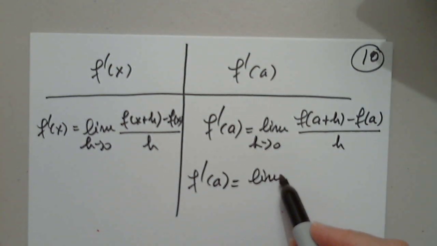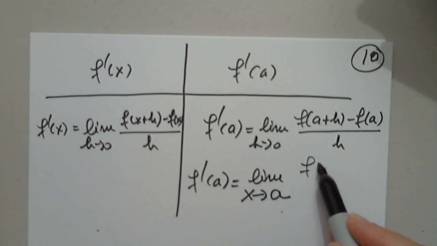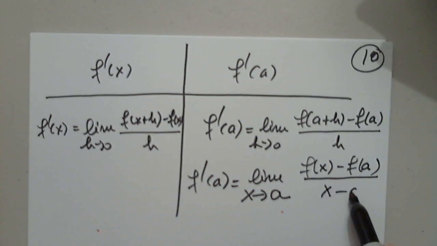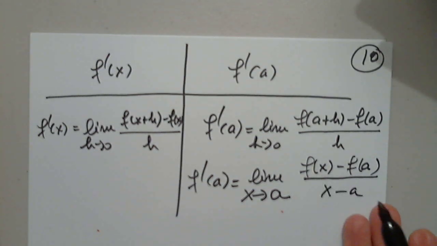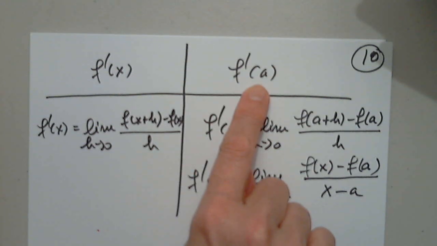And this is the limit when x approaches a of f of x minus f of a divided by x minus a. It's still the same definition of the slope of the secant line. Same thing. So these two are identical. Just replace x by a.